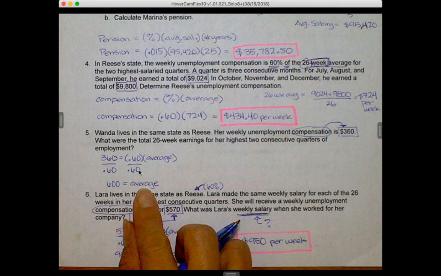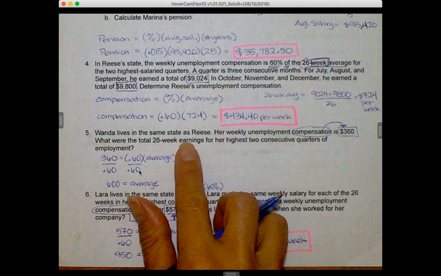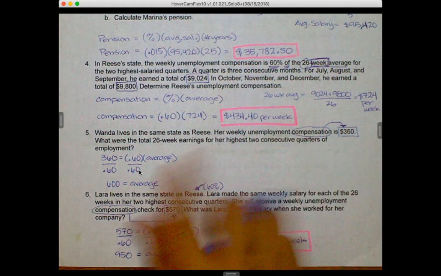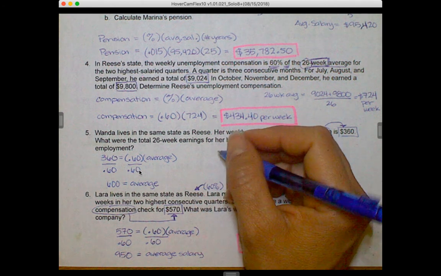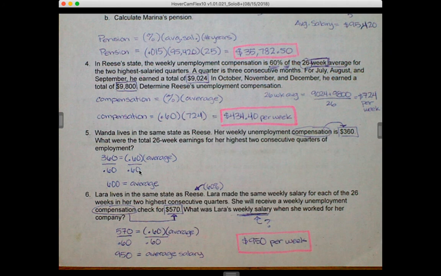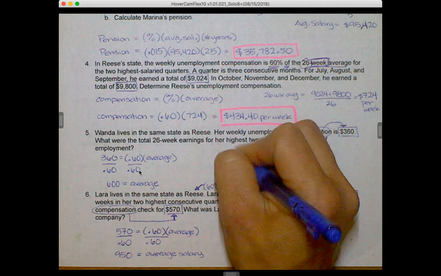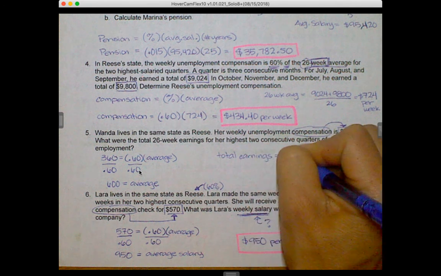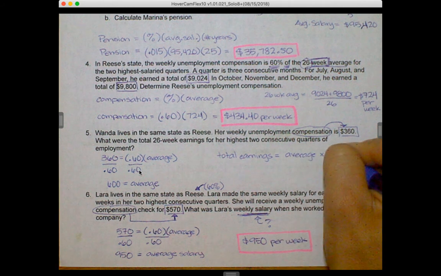Now, we know that she worked for 26 weeks when we took this average. So let's do the opposite of division. Let's do multiplication to find our total. Our total earnings is going to be our average times our 26 weeks.